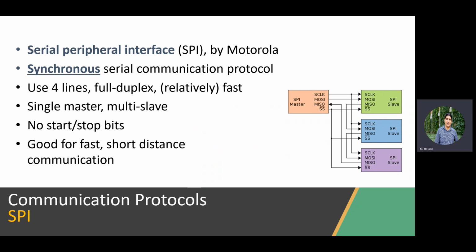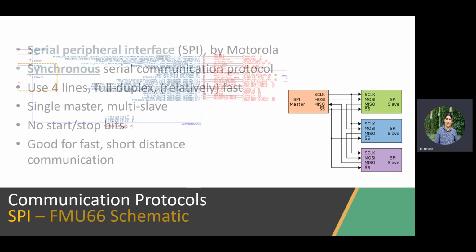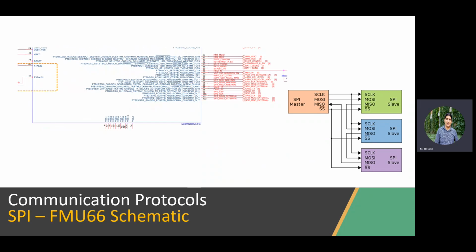So the main focus is to understand the trade-offs between different protocols, and we'll be using all of them in our lab. If I go to our actual board, looking into the schematic, you will be able to see, that's a screenshot from the data sheet where you can identify the SPI 4 wires.